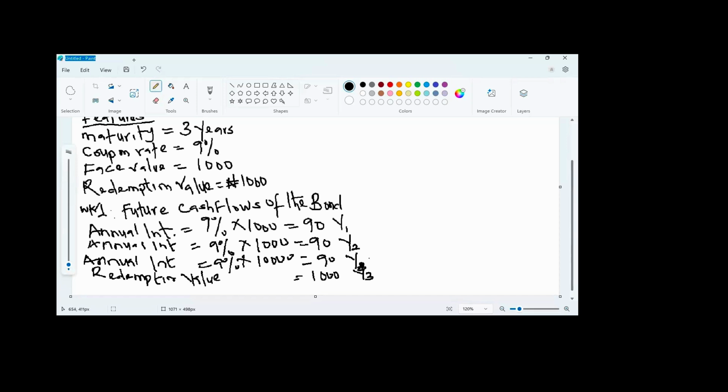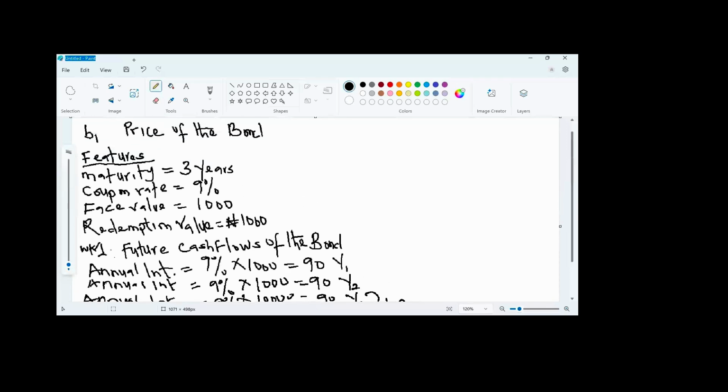You have the annual interest, 90 naira, and the redemption value, 1,000. You are permitted to add these 2 together. That becomes 1,090 in year 3. We have gotten the expected future cash flows.